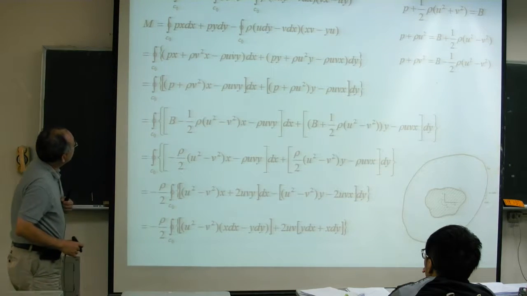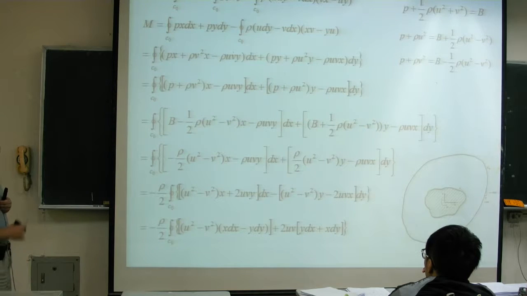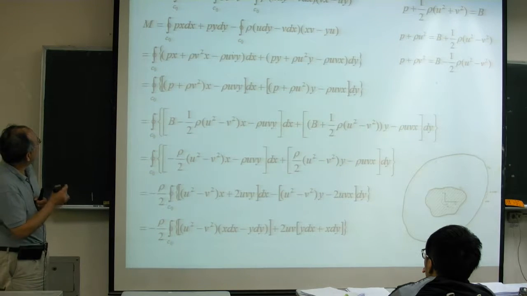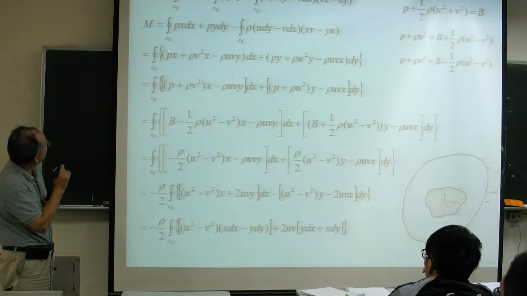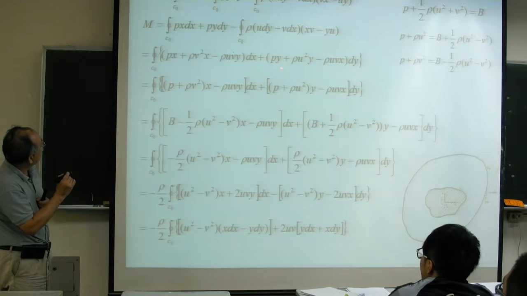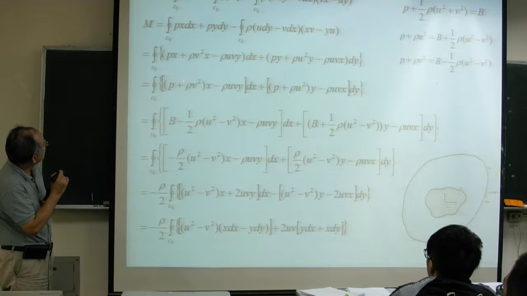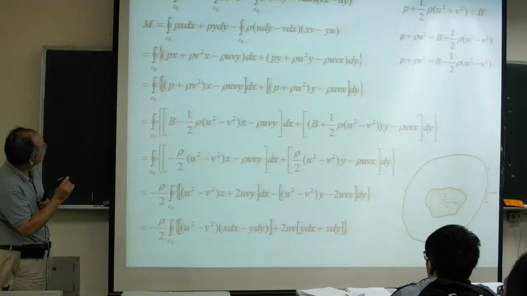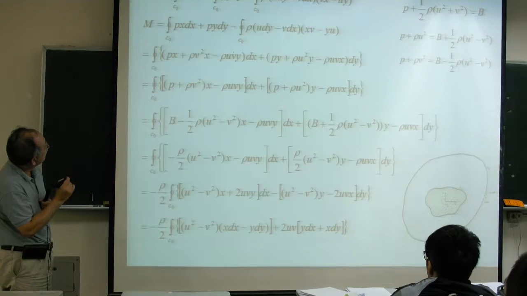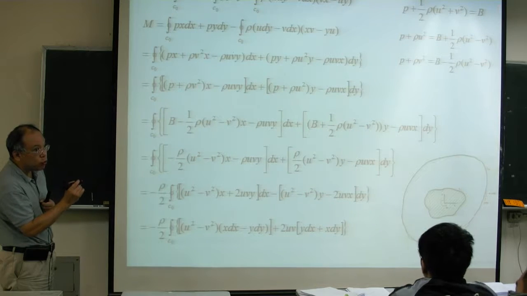Okay, so we don't want to go into too much detail, but very similar. Okay, what we do is we just rearrange it. Integral dx dy together. This is the dx dy part, and in the dx dy part here you can see a similar term, p plus rho v square and p plus rho u square here, and these two can be represented by Bernoulli equation.